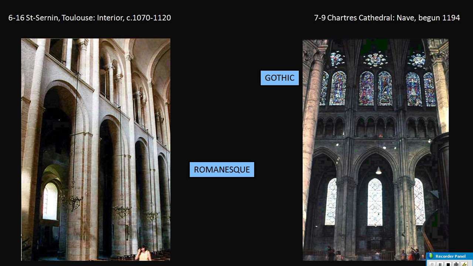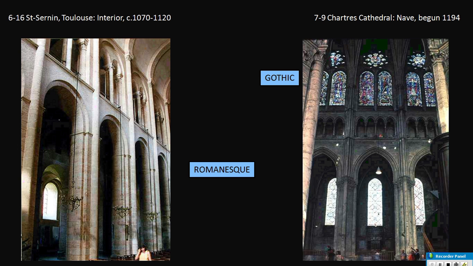Here, look at the wall: the windows are right up against the nave wall up above, and a lot of light comes through. Pictures don't pick it up so well, so we darken it down a bit. But down below, we can also see quite a bit of glass allowing quite a bit of light in.